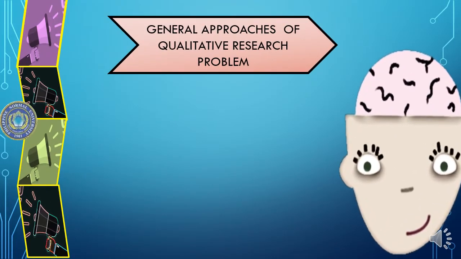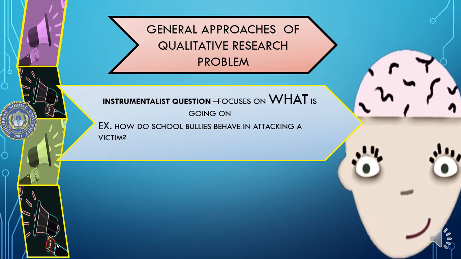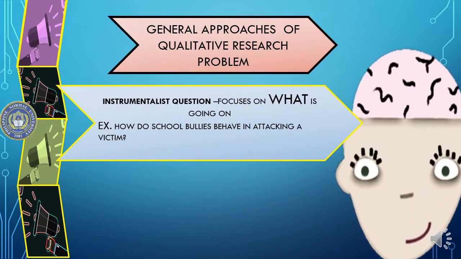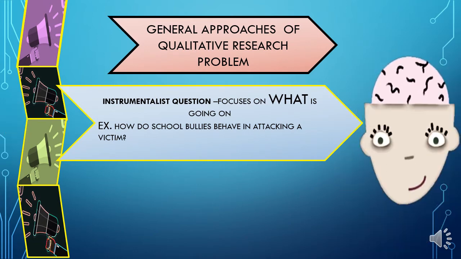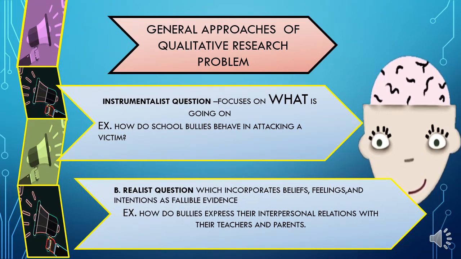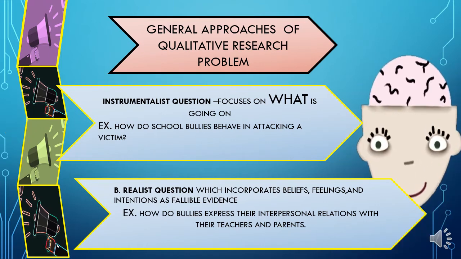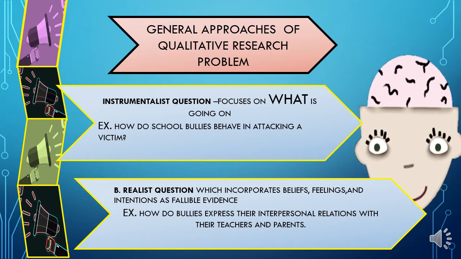So the general approaches of qualitative research problem. First, the instrumentalist question focuses on what is going on. Example, how do school bullies behave in attacking a victim? And second is a realist question, which incorporates beliefs, feelings, and intentions as fallible evidence.